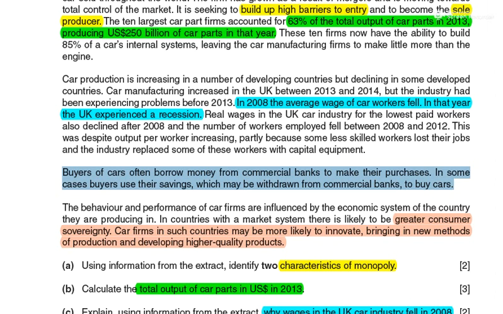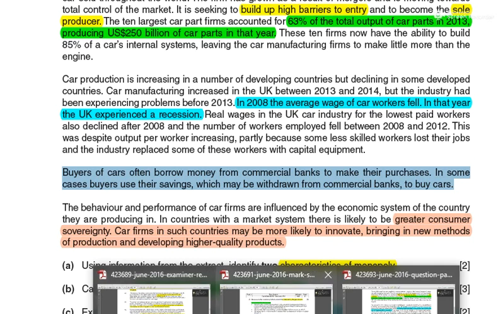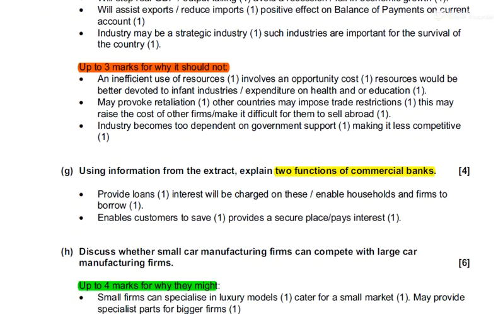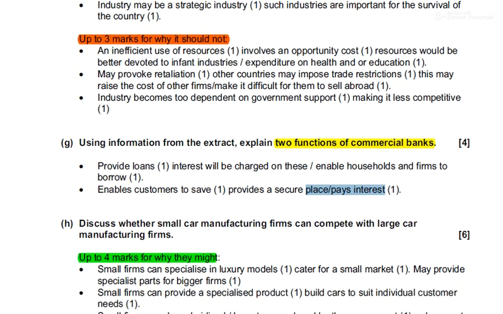Borrowers can borrow money, and also you can save. So that's exactly what you need to put in your answer. Provide loans for borrowers, enables customers to save, but they pay interest or get interest back. Easy 4 marks there.